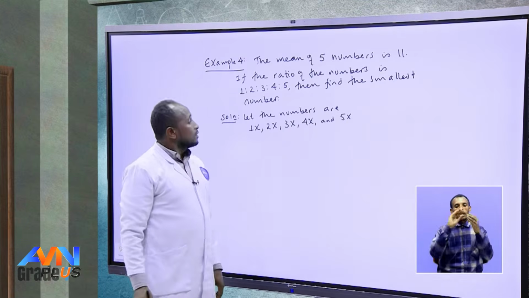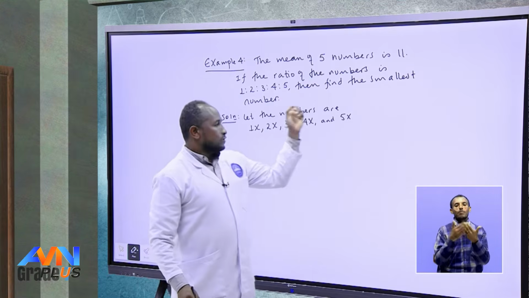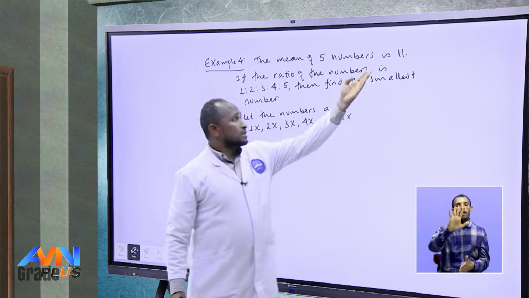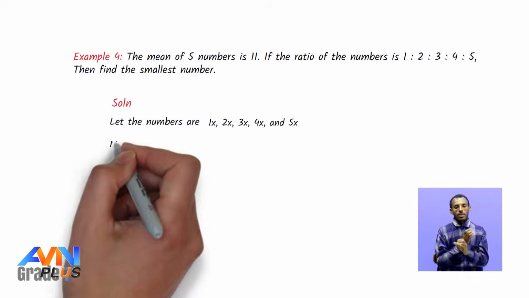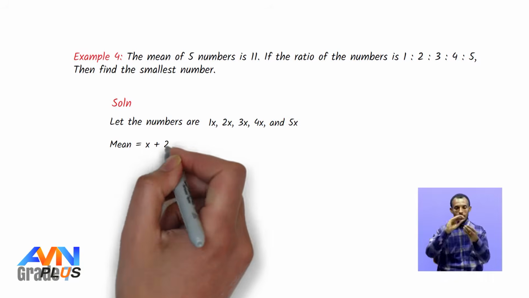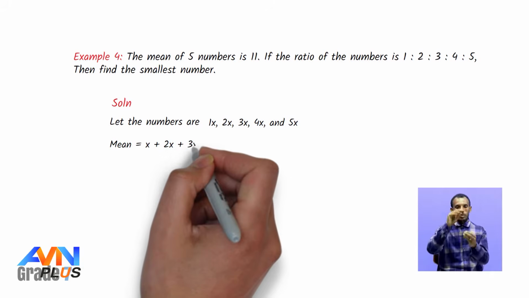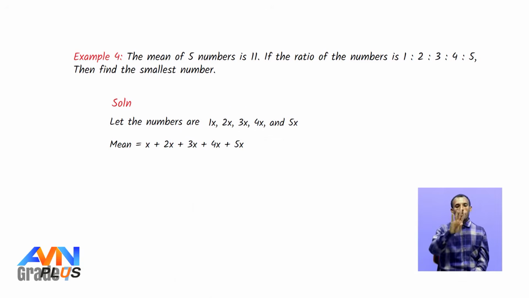And then we simply calculate the average of these 5 numbers, but the average is given, it's 11. So how do we calculate the average? The mean is given by the sum of each number, here 1x plus 2x plus 3x plus 4x plus 5x, and we divide this sum by the number of data.